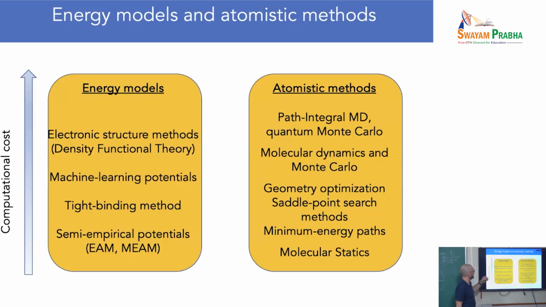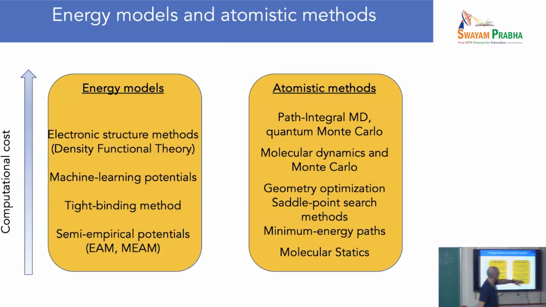In terms of atomistic methods, the fastest, the ones that we are mostly going to use together, are molecular statics simulations, where we only look at equilibrium configurations. We're also going to discuss what we call minimum energy path methods, so methods to numerically find the energy barrier, for example, for the migration of a vacancy.